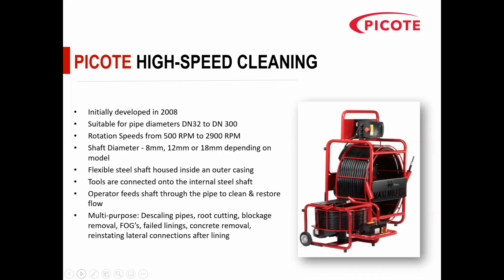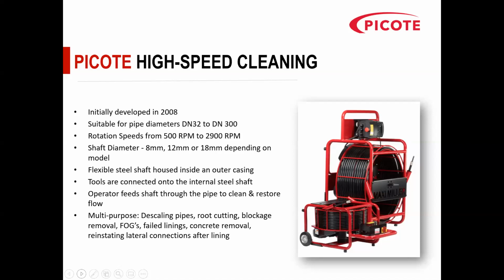We have a range of machines now that go from DN32 up to DN300, so that's 1.25 inch up to 12 inch. We have rotating speeds from 500 up to 2,900 RPM. Each manufacturer has a different size diameter shaft.